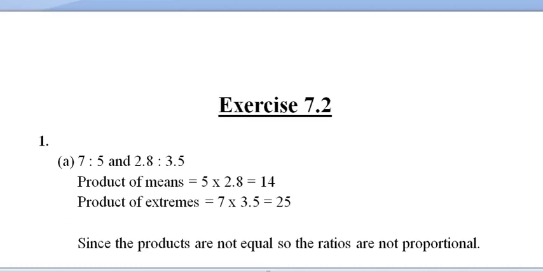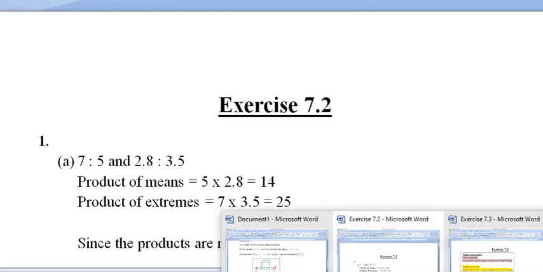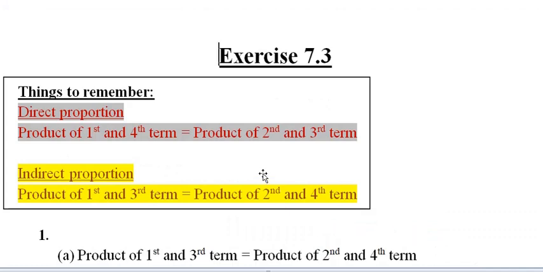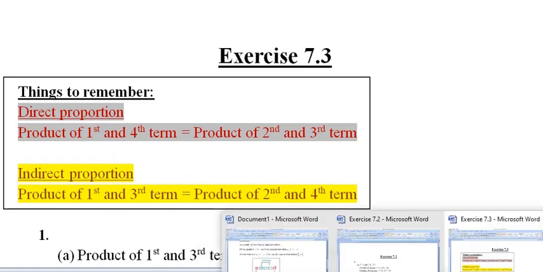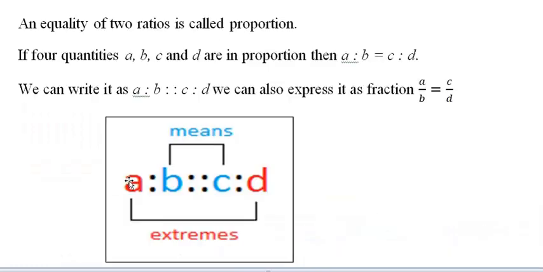We have to identify whether the ratios given are in proportion or not. As we already know, the property of the proportion is that the product of extremes should be equal to the product of means.